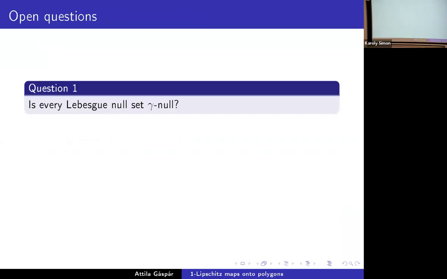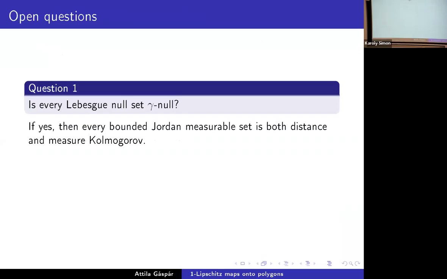But the other implication is not clear. However, if this is true, then that gives a positive answer to Kolmogorov's question for every Jordan measurable set. Unfortunately, this does not give anything about the Lotkovich question, but still, this would be quite an interesting result.